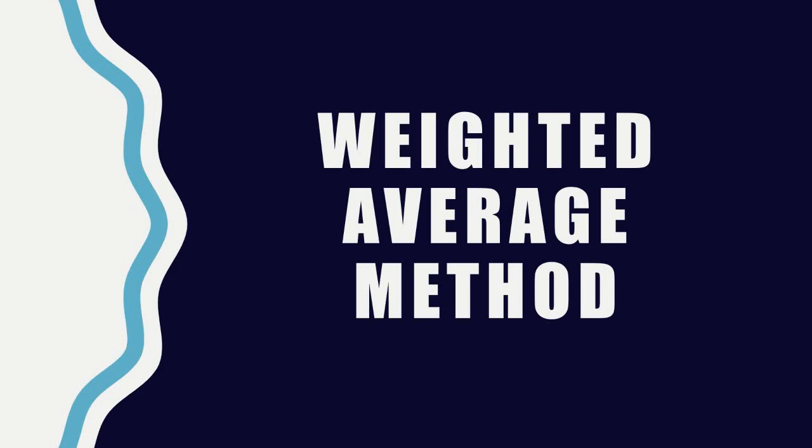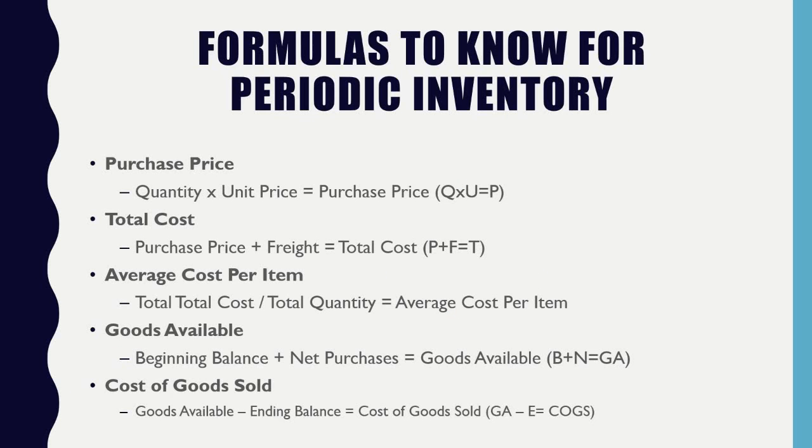Now, if you remember, LIFO and FIFO had similar types of formulas, and that's true of weighted average as well. However, the difference is that you're going to have a slight variation in one of the equations.